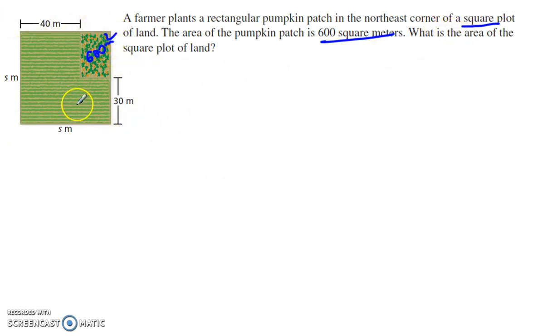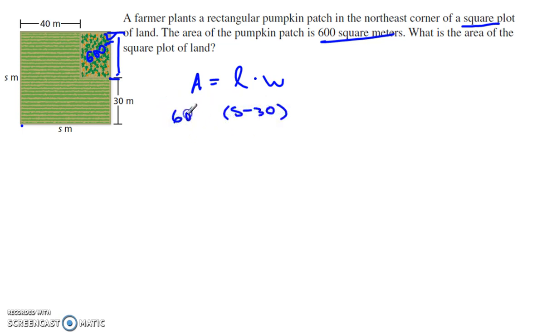Well, we are going to use this information that we know. We know that that's 600, and we know that the area of a rectangle is length times width. So we're going to figure out what's the length here. If the whole thing is S, then this segment right here is 30 less than S. So the length is S minus 30.